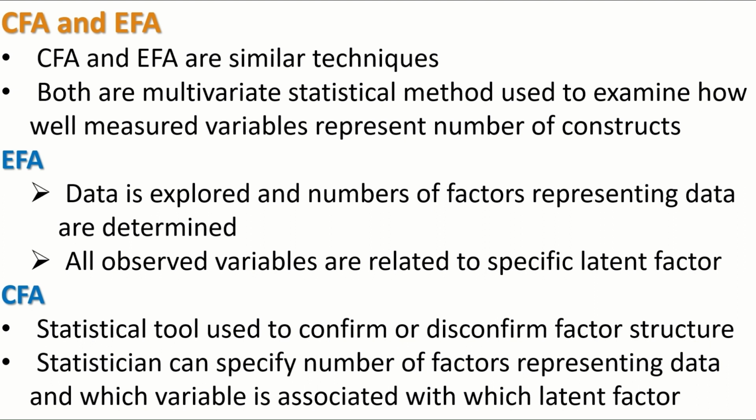So the statistician can specify the number of factors representing the data and which variable is associated with which latent factor. So the statistician will build up a model that has in it a certain number of factors and how many items represent that factor.